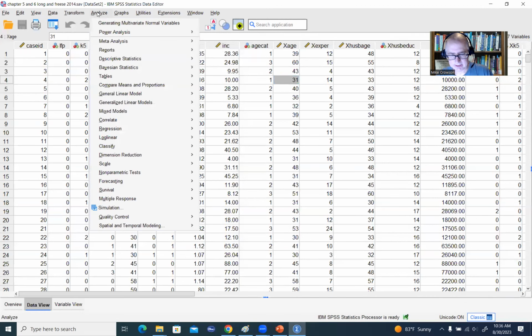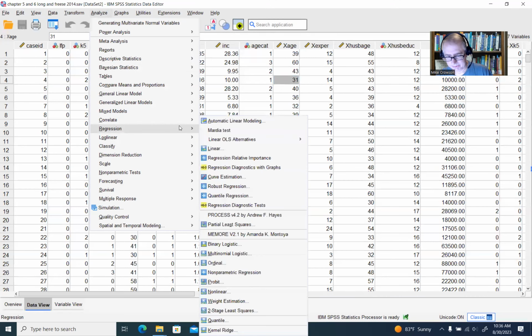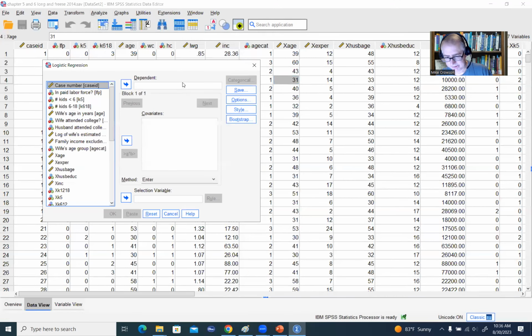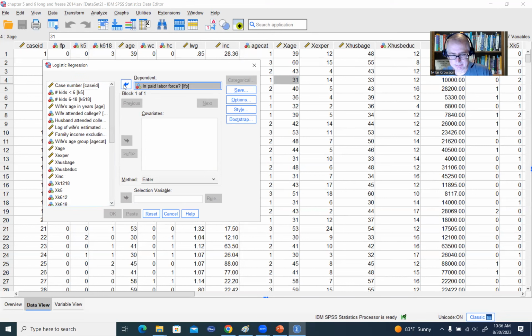So let's go ahead and click on Analyze. We'll go down to Regression, Binary Logistic right here. You can already see the labels are actually associated with each of the variables, so maybe it makes it a little easier to follow along. In paid labor force, we're going to move that to the dependent variable box, so that's our LFP variable. Number of kids less than 6, that's our K5 variable.